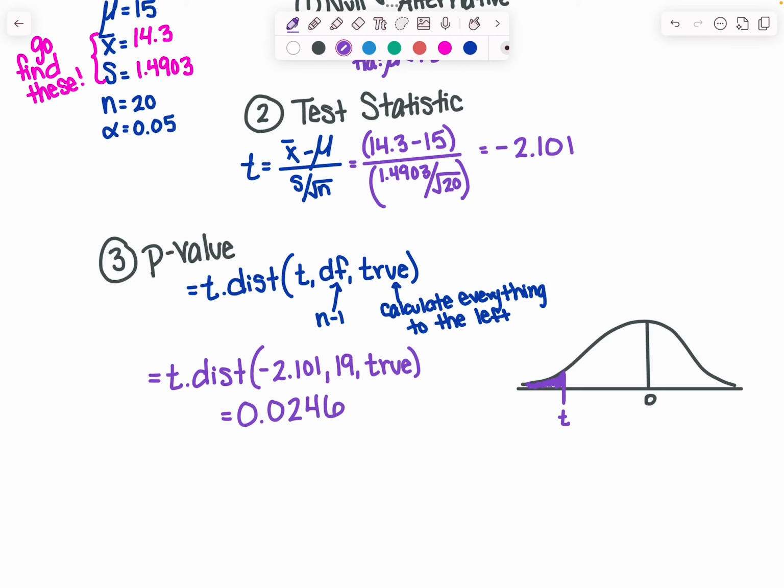So that's the probability of being at that value or further away to the left.